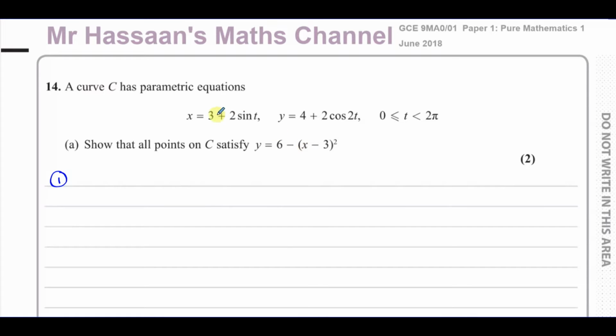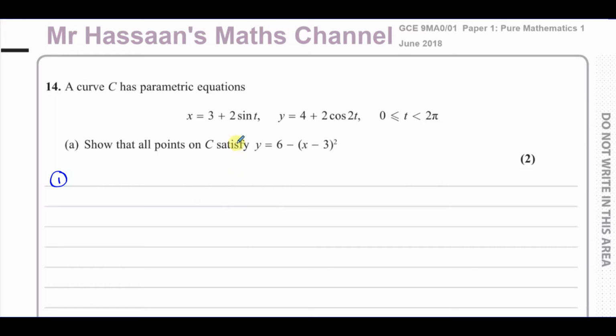One of them is you can actually convert this into Cartesian form, showing that you end up with this expression. Secondly, we could substitute the parametric form values into the Cartesian equation, and show that both sides of this equation will be the same. Okay, that's an alternative way of doing it.